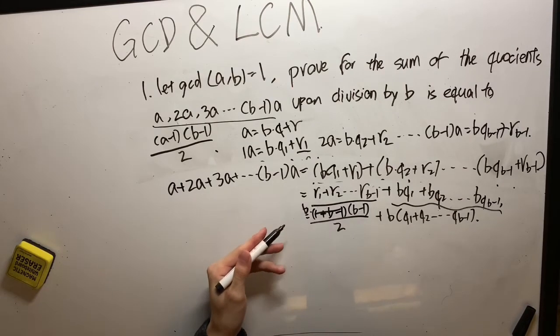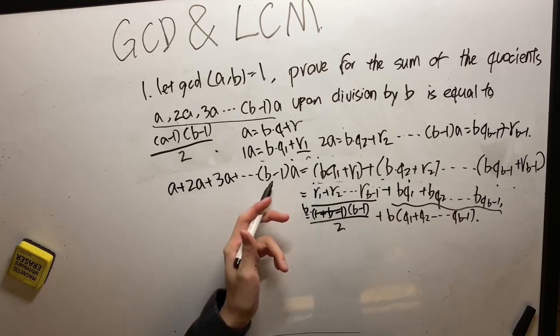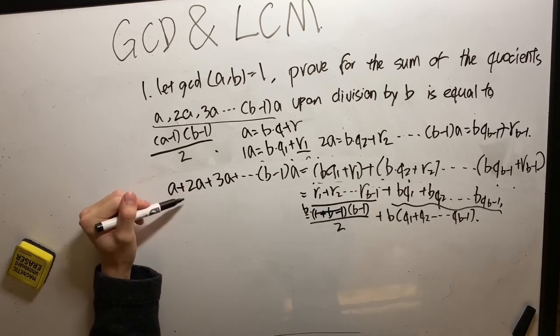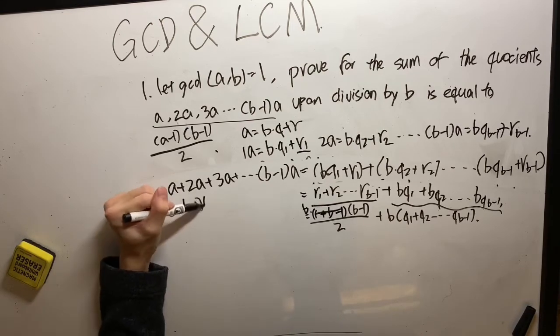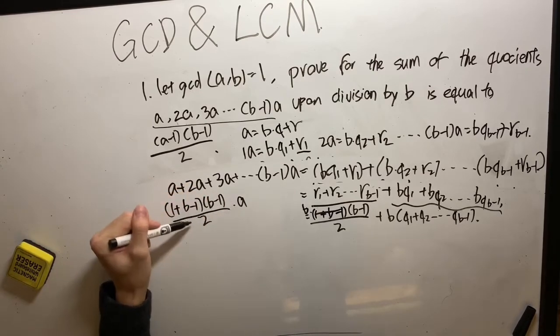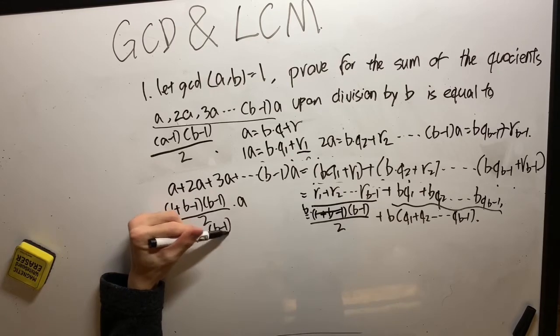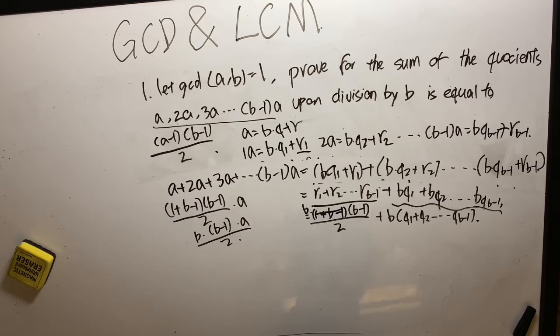So now let's look at the left side, a plus 2a plus 3a until (b minus 1)a. This equals 1 plus b minus 1, times b minus 1 divided by 2, times a, which is b times (b minus 1) times a divided by 2. You can subtract this number from both sides.